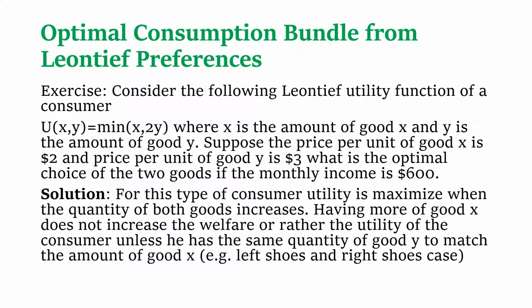So this is the reason why the optimal point occurs at the kink of the indifference curve. Because if you start at a particular kink and increase the amount of one good whilst the other good remains the same, the consumer is not better off.